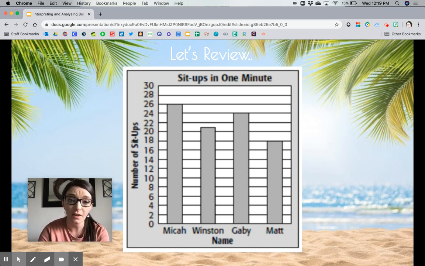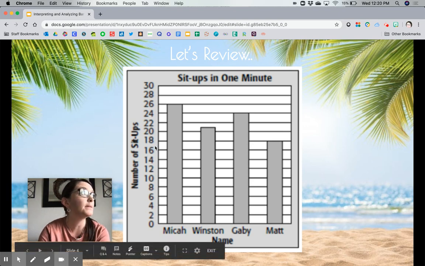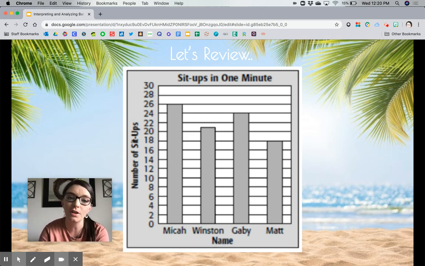On your vertical axis, you have the number of sit-ups that each person did. On the horizontal axis, you have the people's names, and the bar that goes up, that is vertical, tells us how many sit-ups they did in each minute. As we go throughout this, you're going to learn how to answer questions about a graph that you are shown.